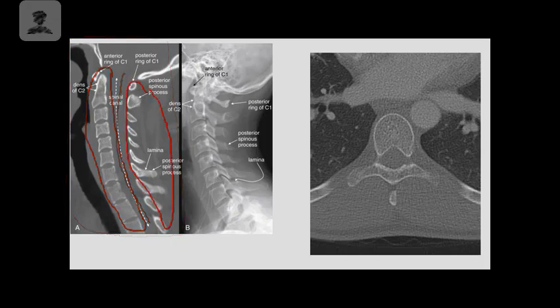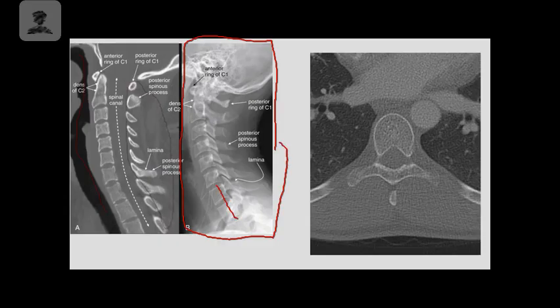You also can see the patient is breathing here, so you can see the airflow in there. This part is just an x-ray that I wanted to put next to it so you could see from the lateral perspective we have the vertebral bodies and then the spinous process sticking back here. So this is the area that you would choose on your scout image that you take.